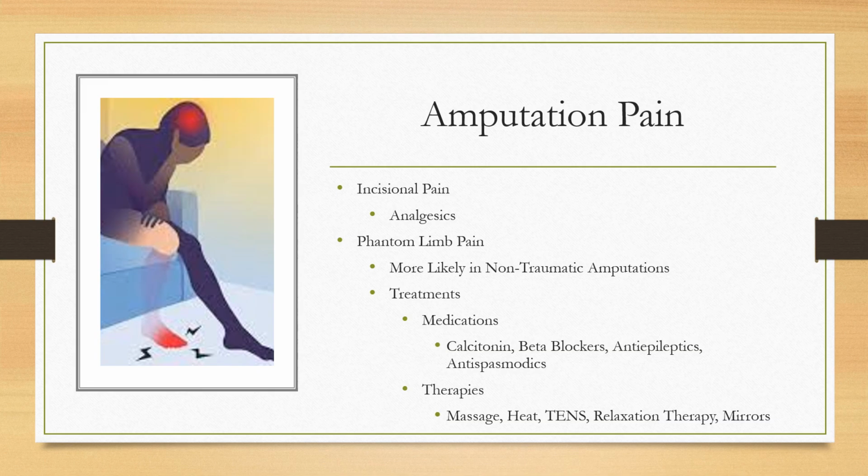Physiotherapy is going to be involved for sure. A psychologist may be involved, adjusting to the fact that the patient's lost a limb. And sometimes even a social worker may need to be involved, right? For financial issues, for support, and ongoing advice on where they can find that support.